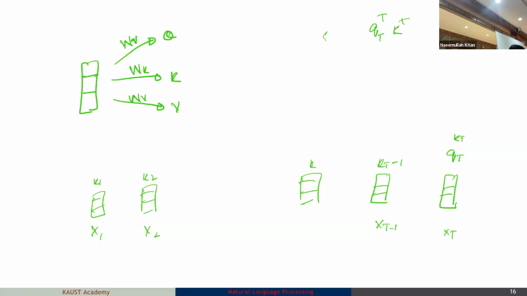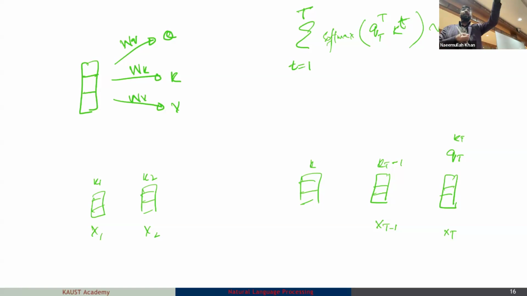Again, I'll take the softmax because I want the weights to sum up to 1. And then I will multiply it with the value at any corresponding time that I'm interested in. So now, if you want to collect the information from all the previous tokens, you start from t equal to 1 and go all the way till t. This is essentially the attention implementation in state-of-the-art transformers.